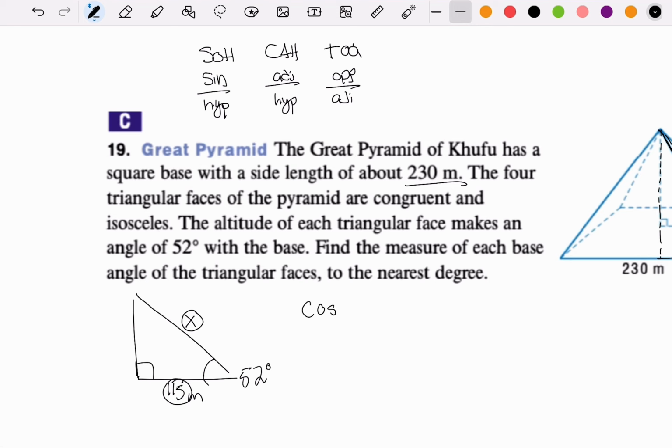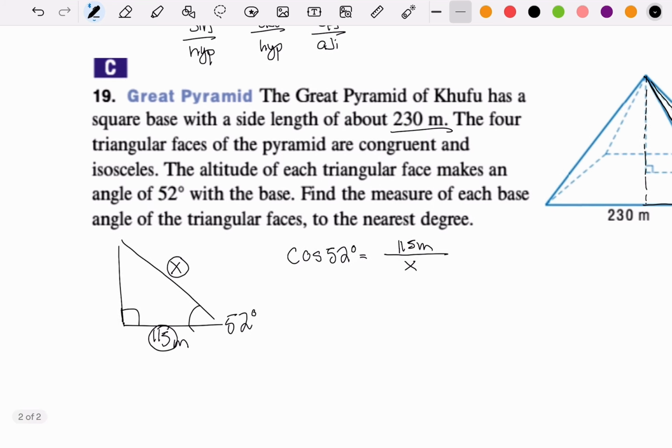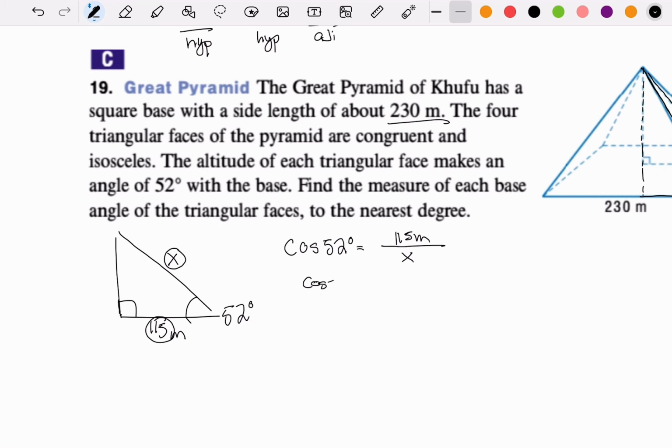So cosine 52 degrees is equal to 115 meters over x. And we can just do this two-step process for this. So times x is equal to 115. And then 115 divided by cosine 52 is equal to x.